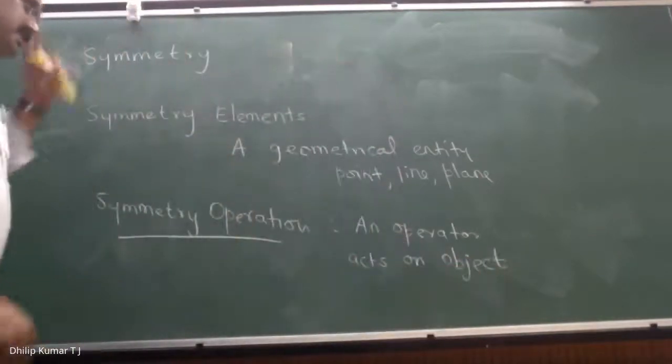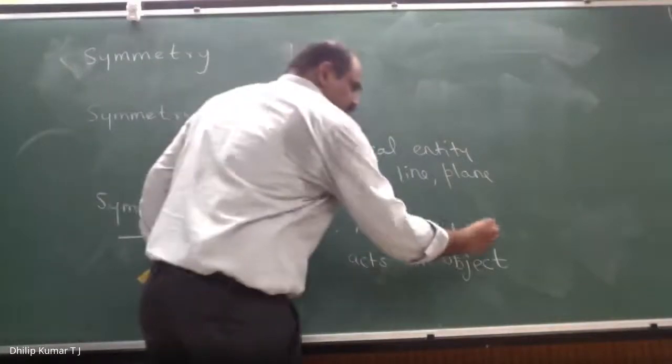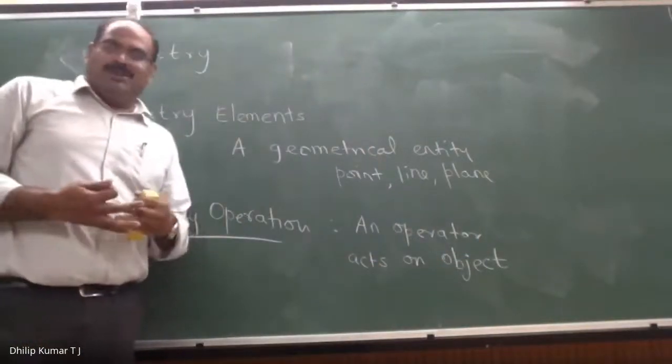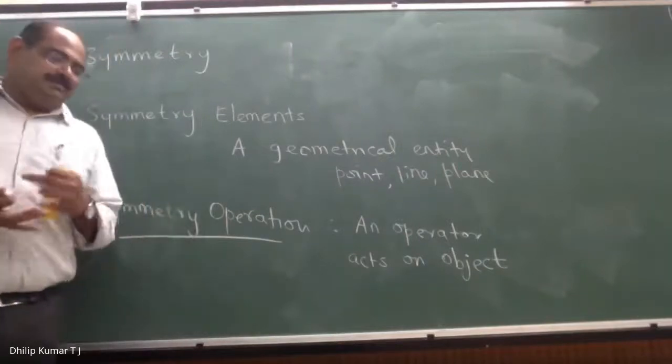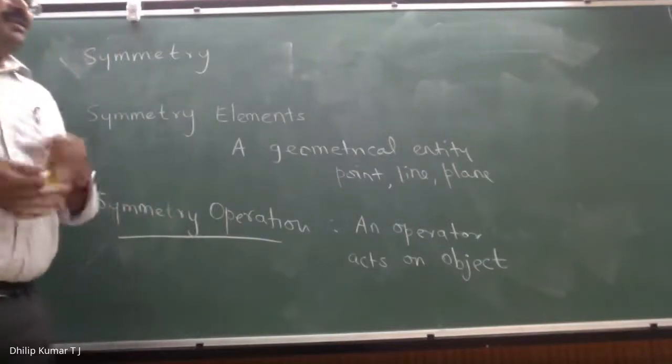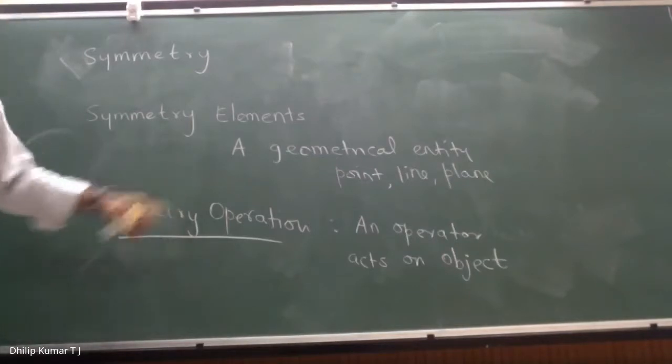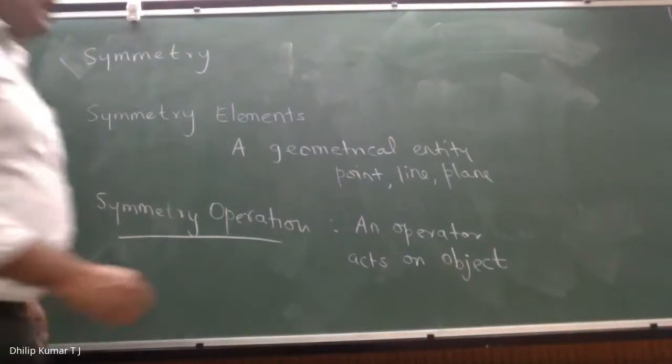Operation means you perform certain operations, like in mathematical or algebraic operations we say plus, minus, multiplication, division. These are all mathematical operators. Whereas in symmetry operation, we have different types.